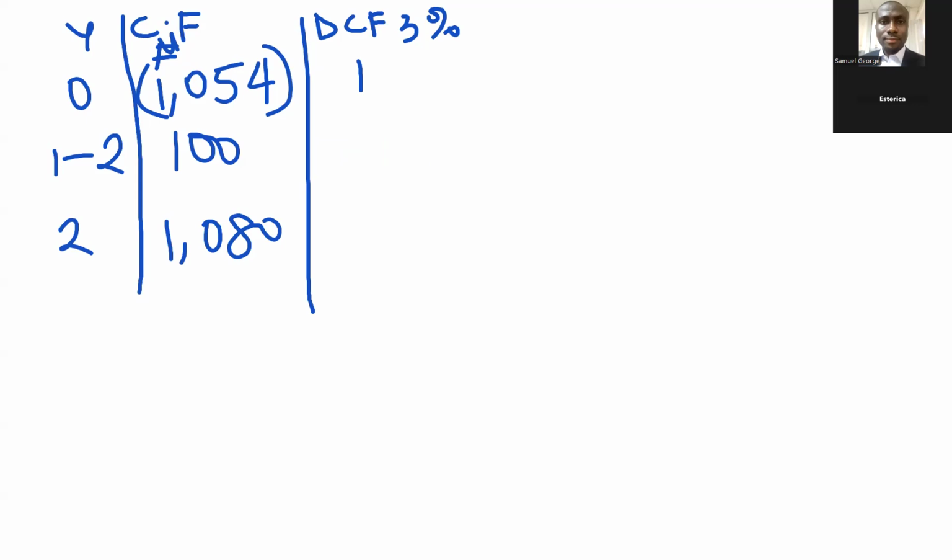Let me quickly explain something. Because we have constant cash flow for year one and year two, we are going to use annuity factor. The constant cash flow in this case is 100. And because we have constant discount rate, which is 3, so we are going to use annuity factor. Let me quickly say it here.